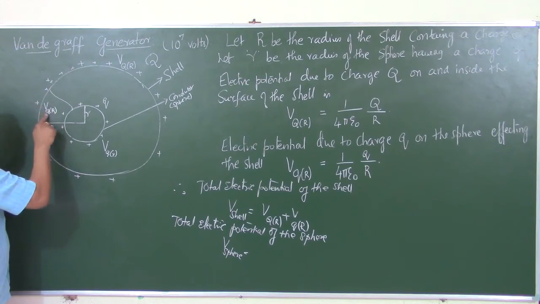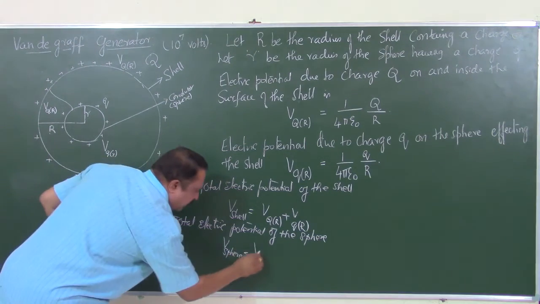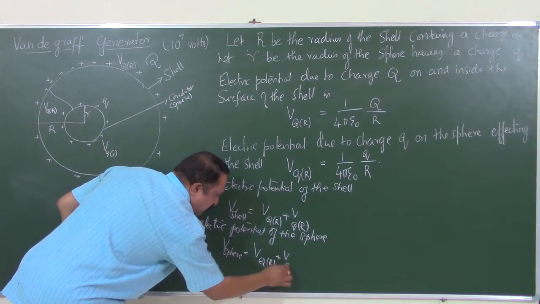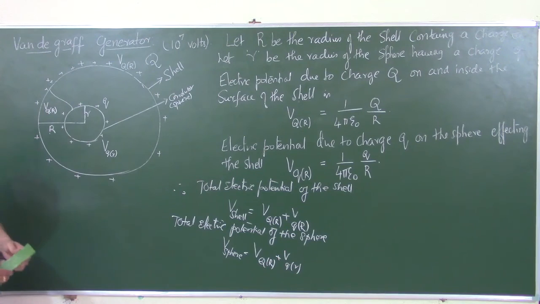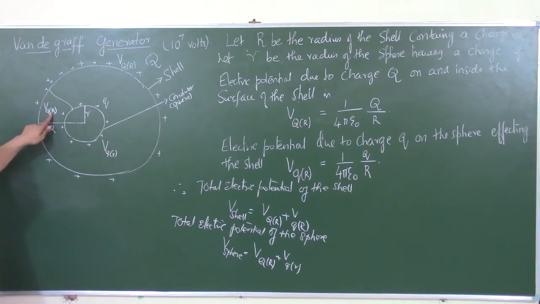So, it is V_Q of capital R plus V_q of small r. Why did I take this? Because the sphere is also experiencing the electric potential of the shell, which is the same on the surface and also inside.